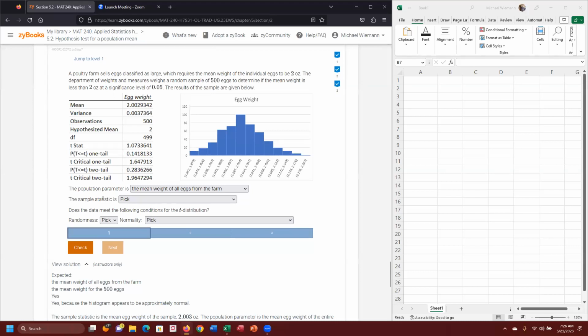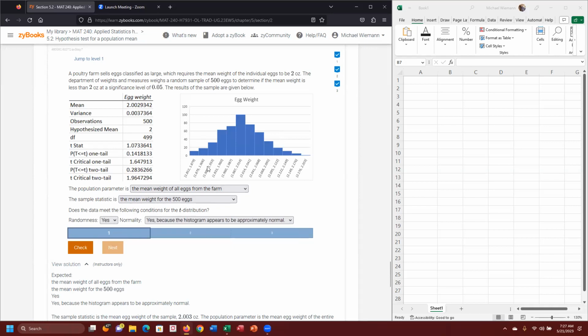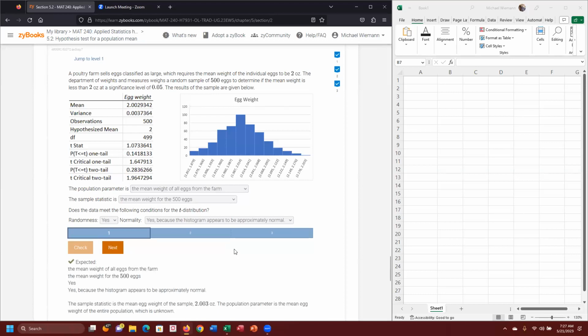The sample statistic comes off of the 500 eggs, the mean weight of the 500 eggs that are listed there. Does this meet the t-distribution? This does look yes, and it looks to be approximately normal. It's not fully normal, but the behavior of that curve kind of looks bell-shaped. So we'll check that, and we've got everything good to go on that first problem.